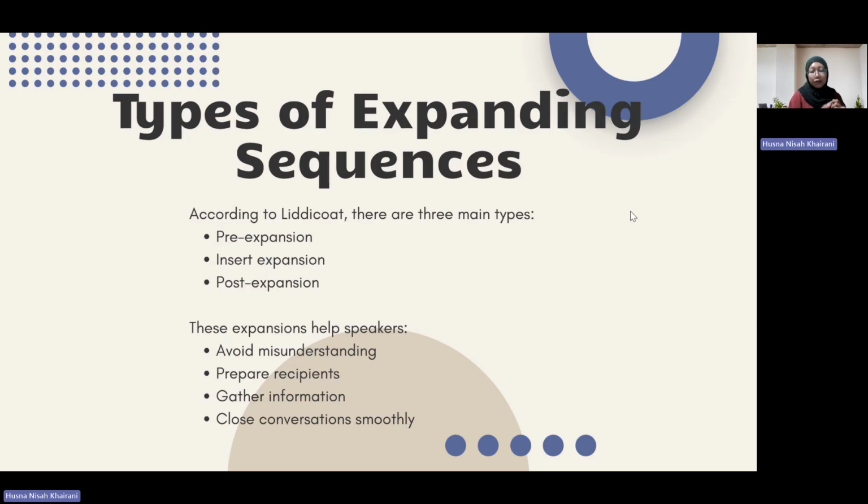It can also help speakers to close the conversation smoothly, as in post-expansions. When we have a conversation, we want to close it as smoothly and as clearly as possible, so there's no misunderstanding, no ambiguity, and the goal of our conversation is achieved.